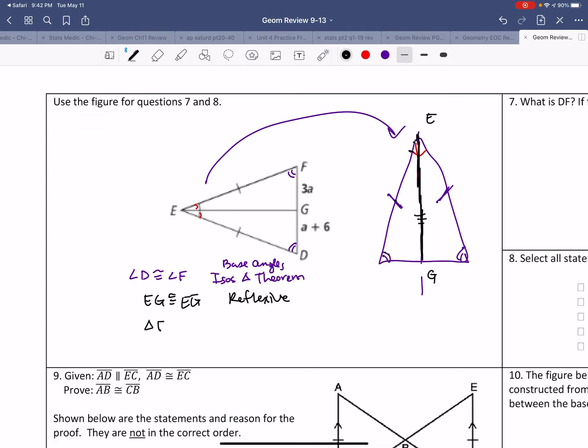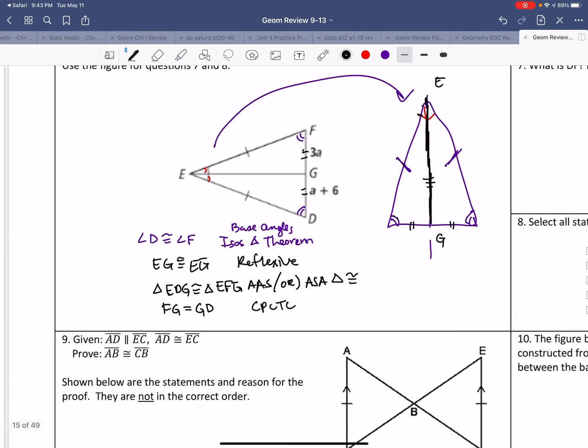So triangle EDG has to be congruent to triangle EFG because of angle angle side or angle side angle triangle congruence. So anyway, this is going to be equal. This side will be corresponding parts of congruent triangles, and those are congruent. So FG has to equal GD.